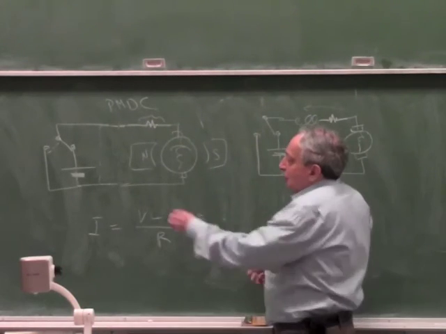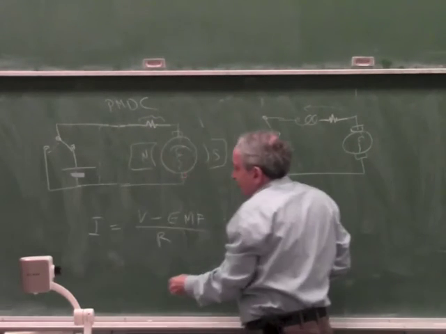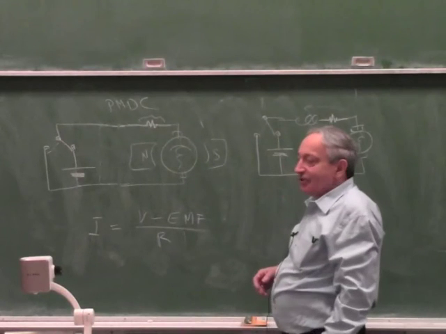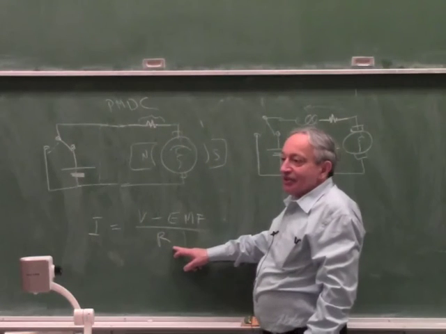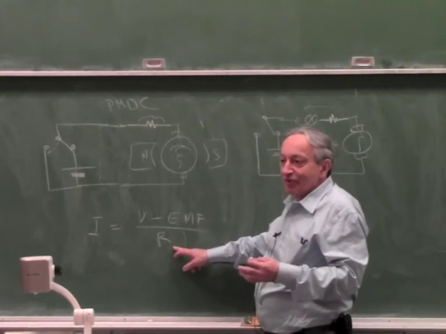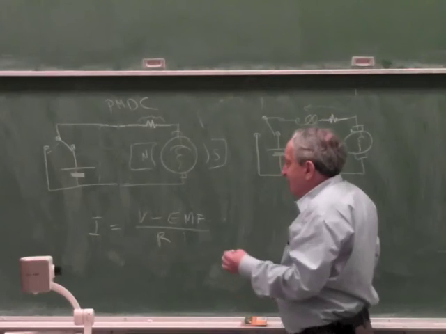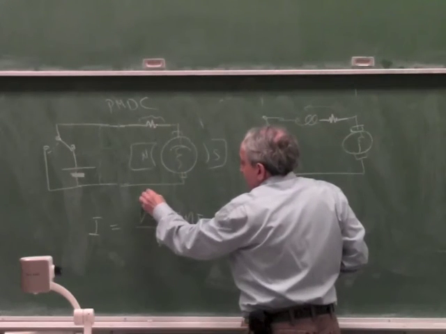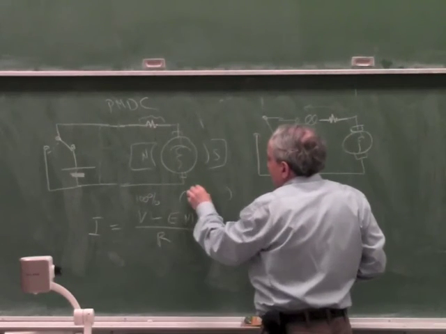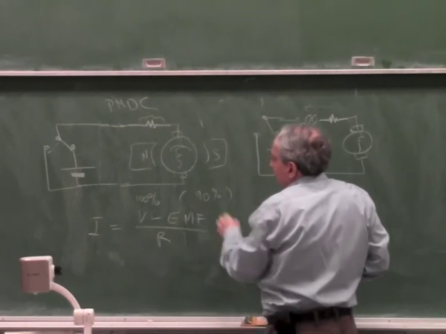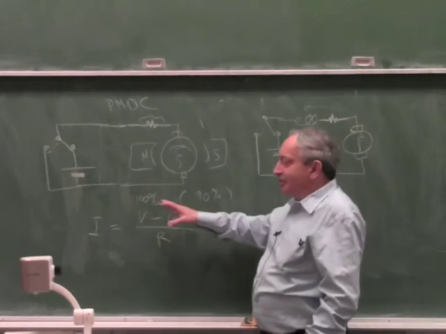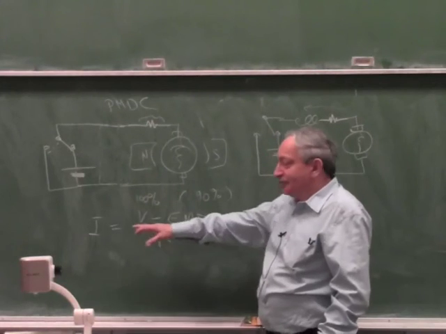Now when you short the motor, V disappears. Okay? So then you have just EMF over R, which means the current will go up tenfold. Because typically EMF, if V is 100%, is like 90% of V. So V minus EMF is about 10% of V, divided by R gives you the current.